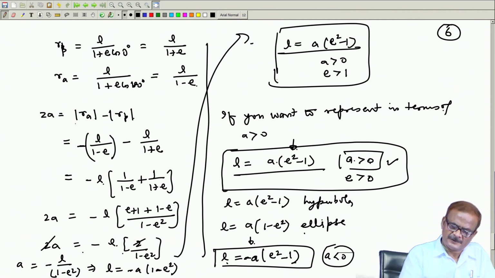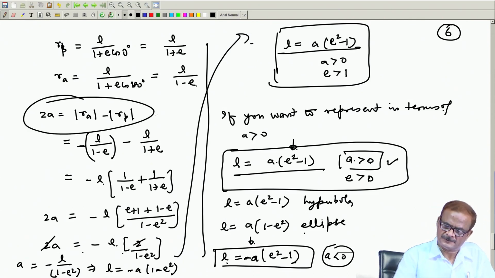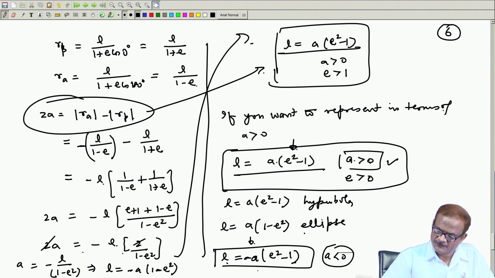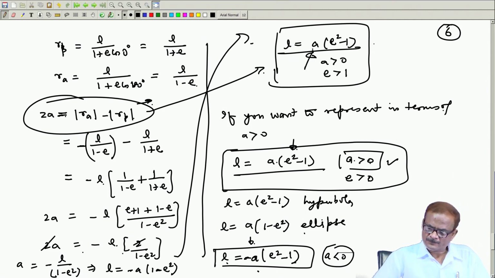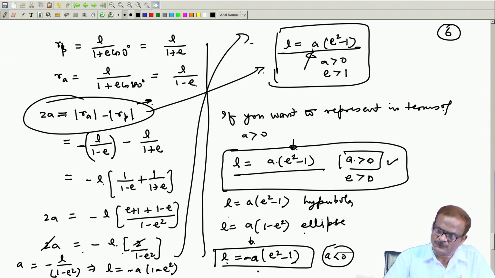The format in which we are working, we are writing here, because this is the correction I have done, because this should be consistent with this. So, we have written in this particular format, and because of this the result we got is L equal to a times e square minus 1. Otherwise, you follow a standard form, which is the most standard one.